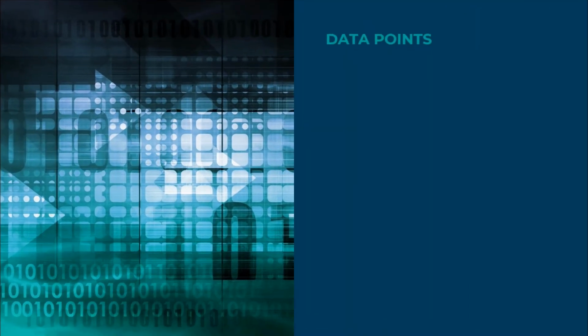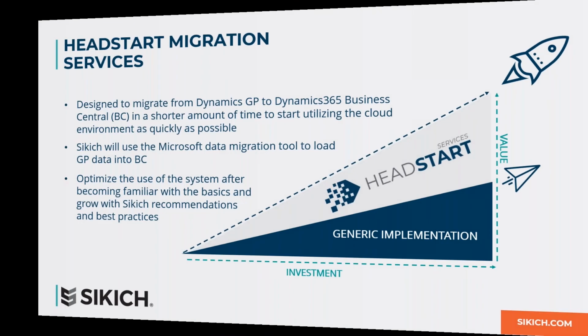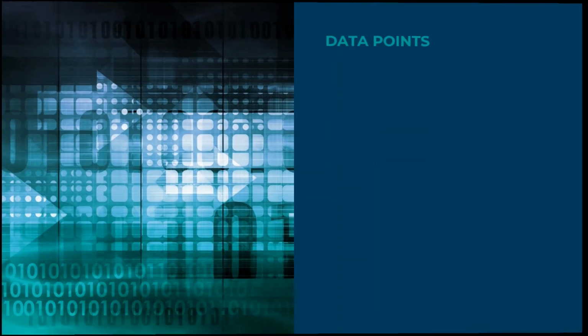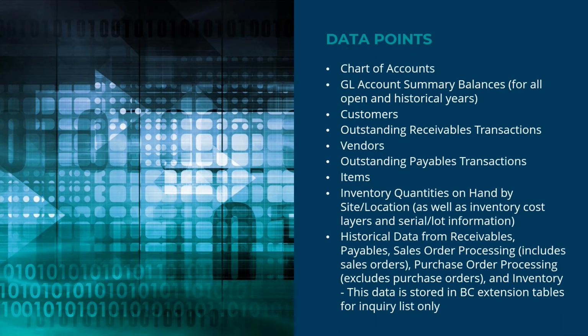So let's talk about some of those data points. I briefly mentioned that it's an all or nothing. And just to elaborate on that, when you're using the cloud migration tool, there aren't options to say, okay, I want my chart of accounts to come over, but I don't want my vendors.